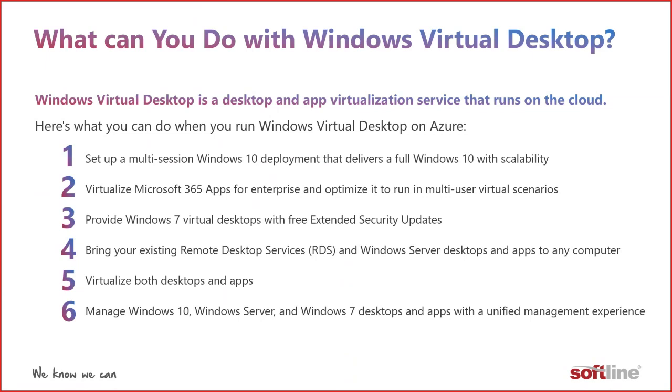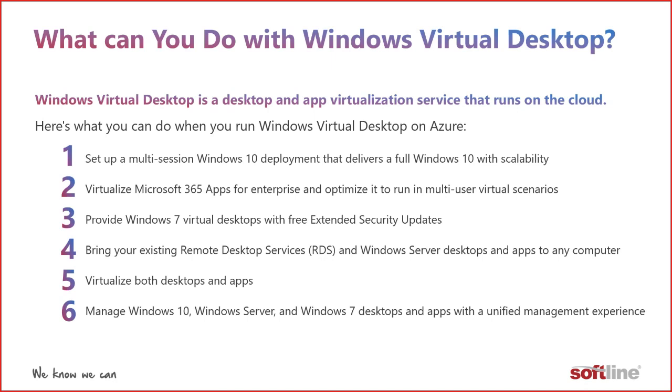In case there is a need for extending Windows 7 security updates, it is also supported to have Windows 7 desktops with some extensions or certain prerequisites which you have to meet on these desktops before they can be used in a Windows Virtual Desktop deployment.